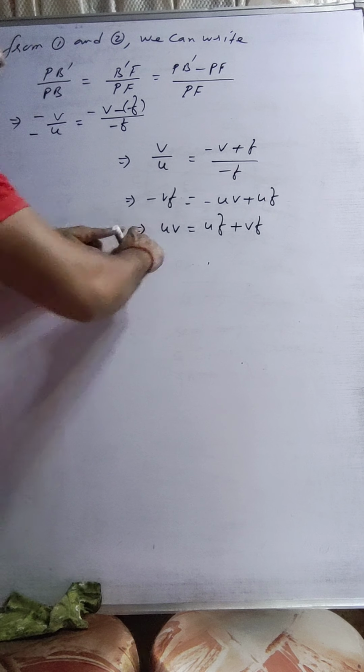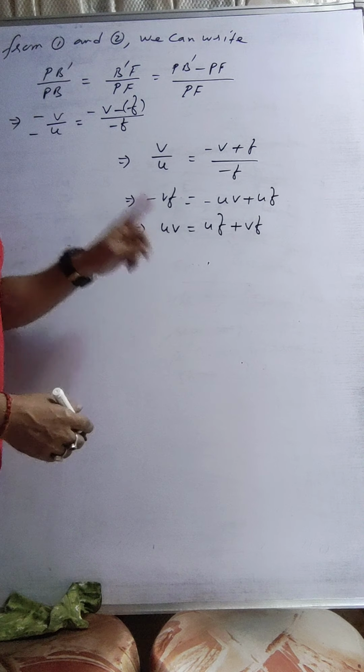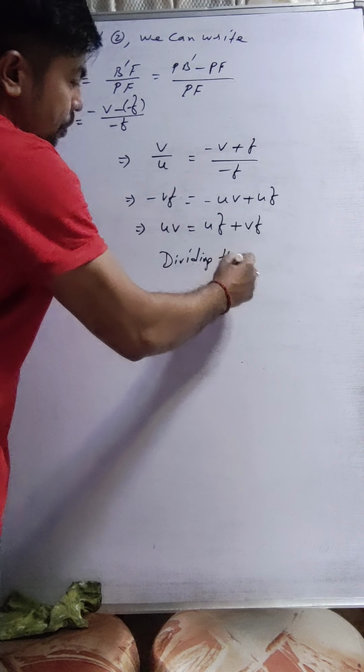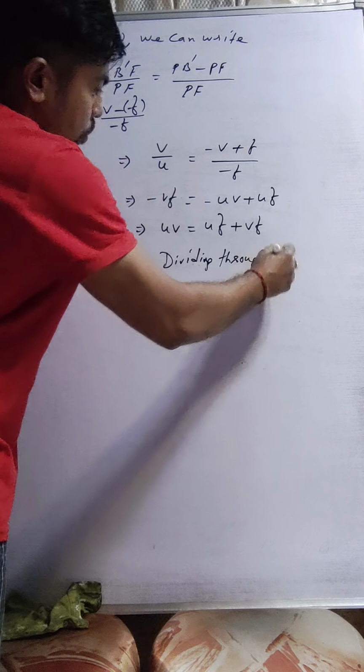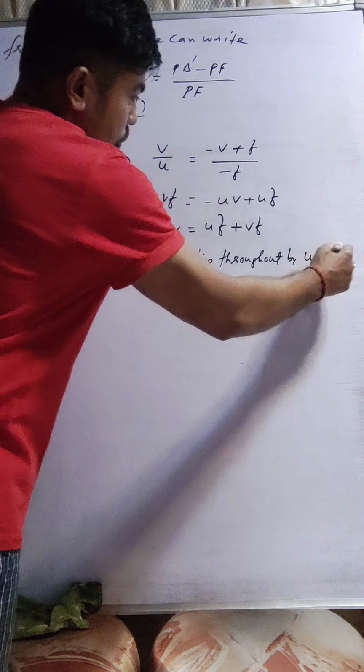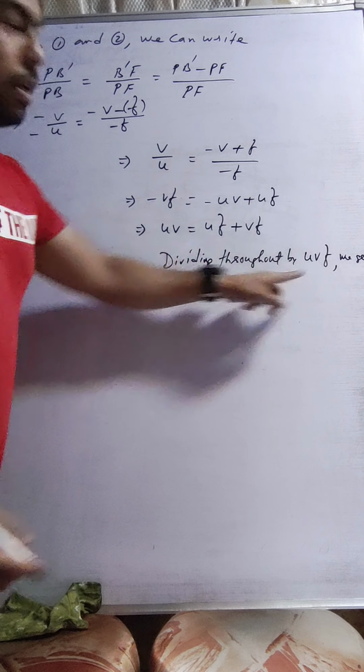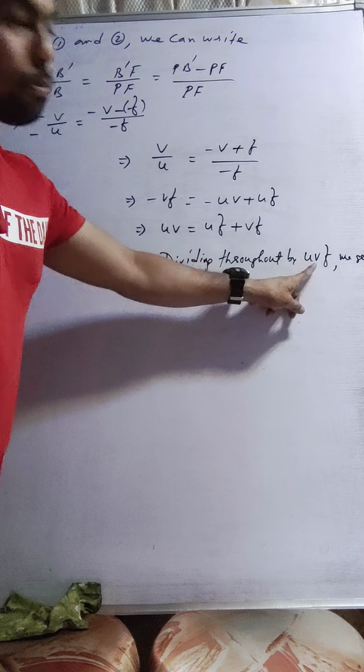Okay, so divide the whole equation throughout by UVF. Dividing throughout by U into V into F, we get: each and every term should be divided by this product UVF.